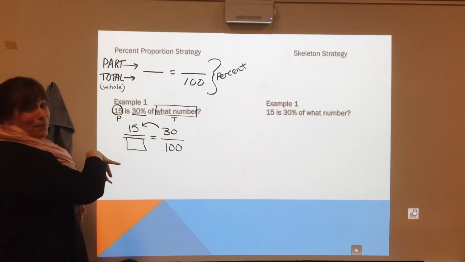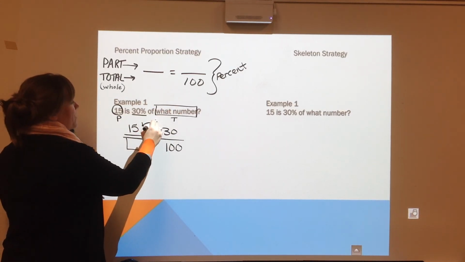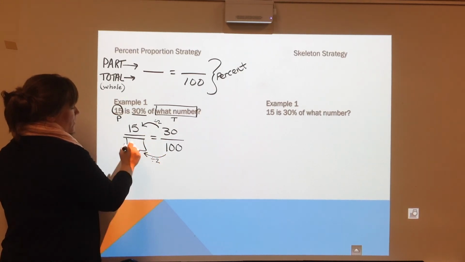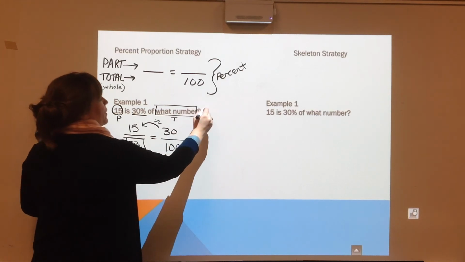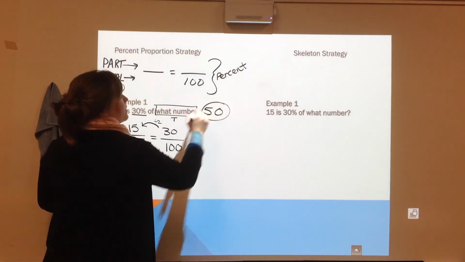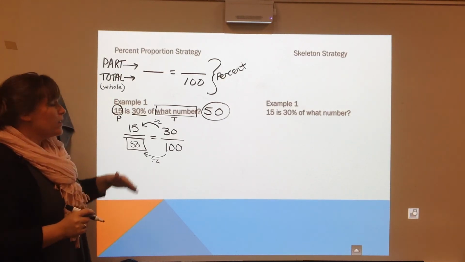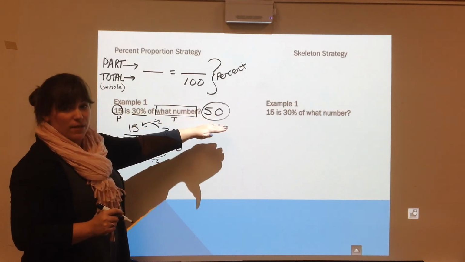Notice my arrow's going the other direction, and my number's getting smaller. I'm going to have to divide by 2, and I'm going to do the same thing over here, and I get 50 as the number that I need to answer the question. So if I read it, 15 is 30% of 50.